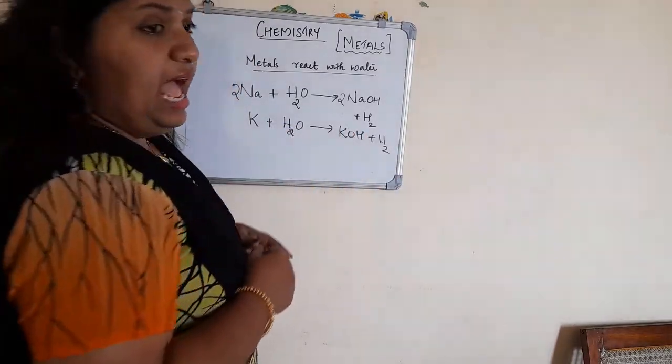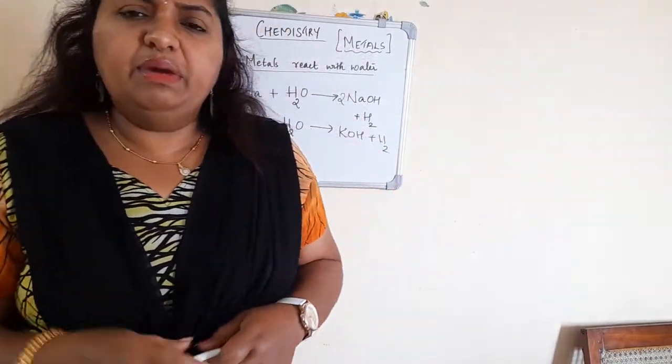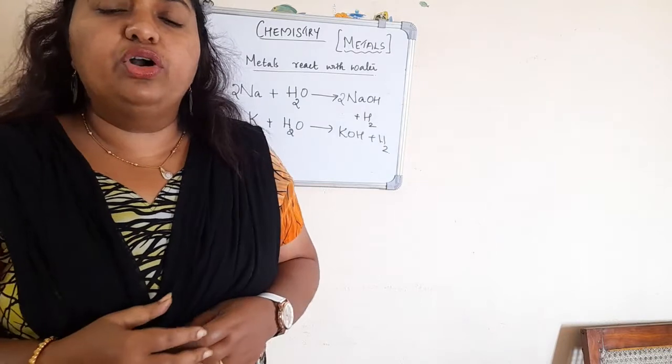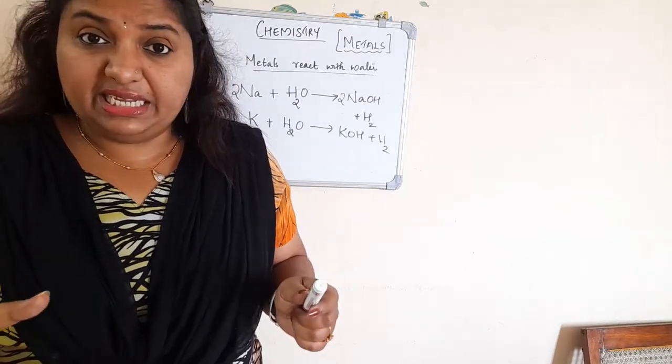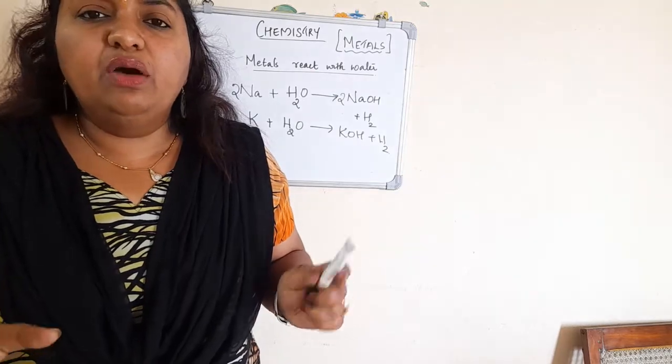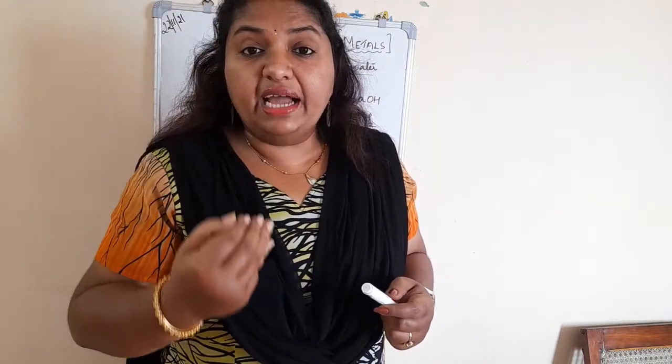Now just think that I am putting a piece of copper. Copper is also a metal like sodium and potassium. But when I put a piece of copper in water, it doesn't react. Why? Because metals react with water based on their reactivity.